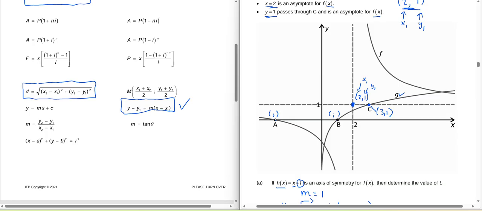Now, how am I going to get the coordinates of A? The coordinates of A correspond to what? They correspond to the graph of f. And the coordinates of B correspond to the graph of g. But for the coordinate of B, we see that we are touching the x-axis.